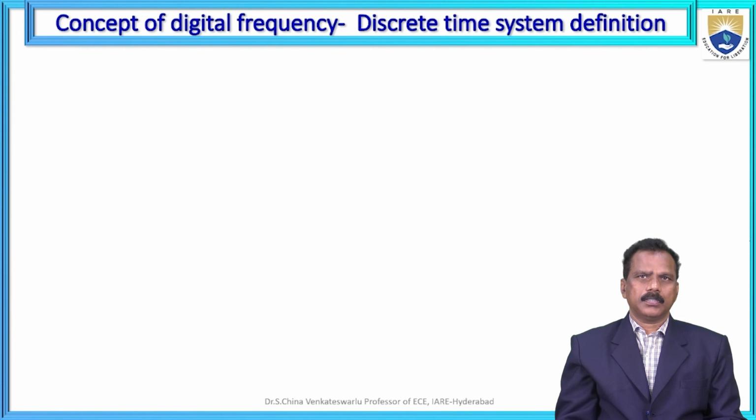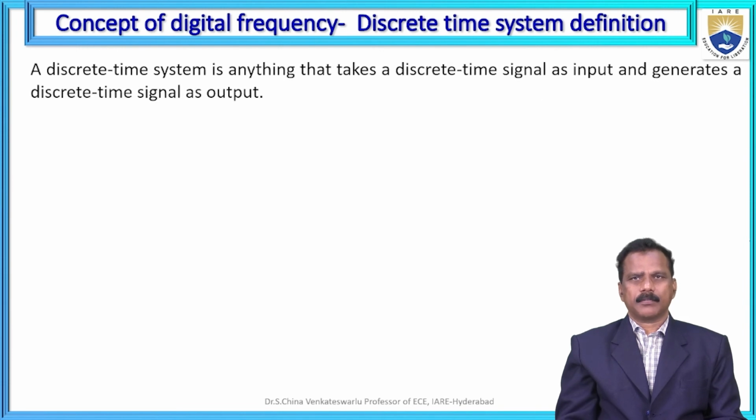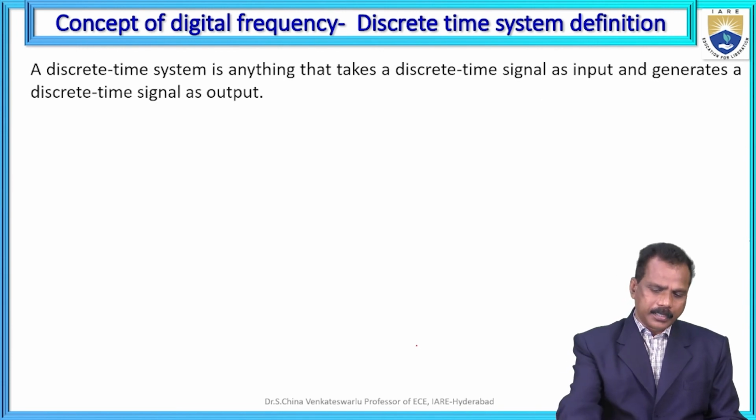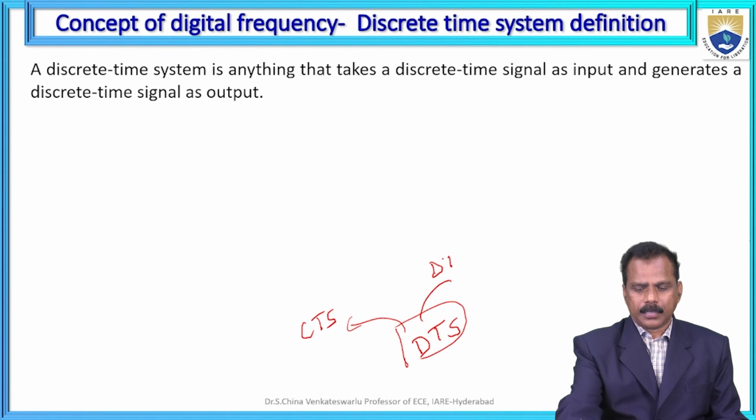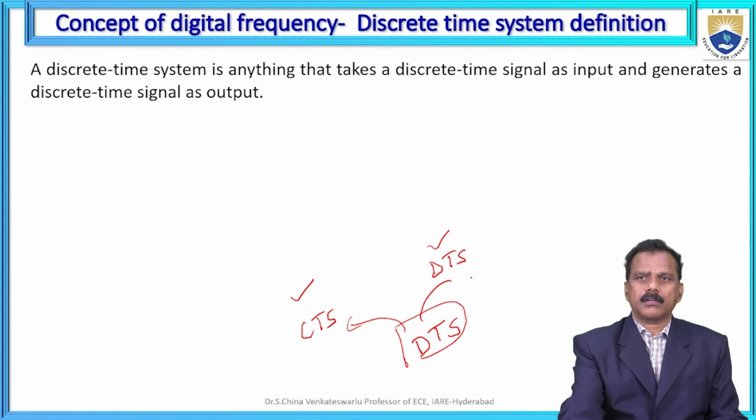So this is a discrete time system. We are talking only about the discrete time system. Already we have continuous time signals and discrete time signals. The signals are available, but how do we manipulate them? For that we require a system.